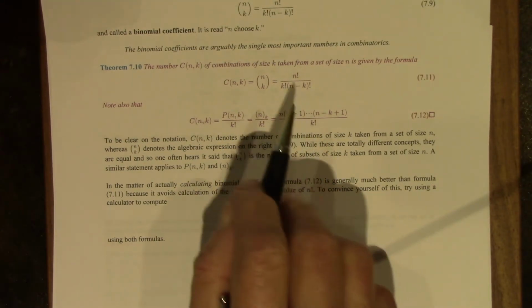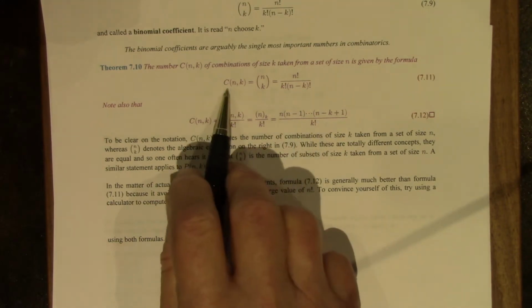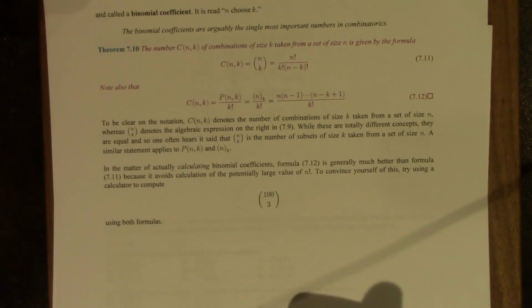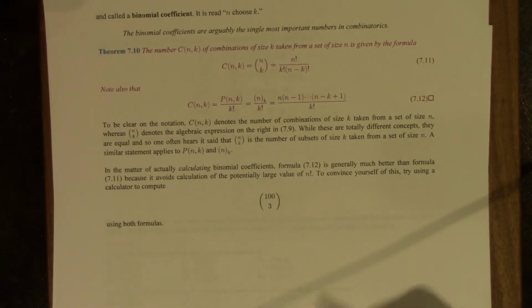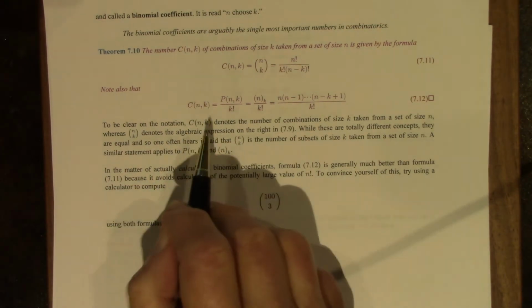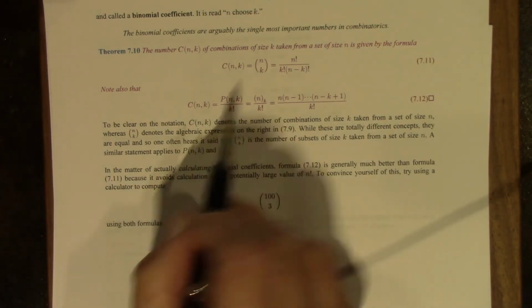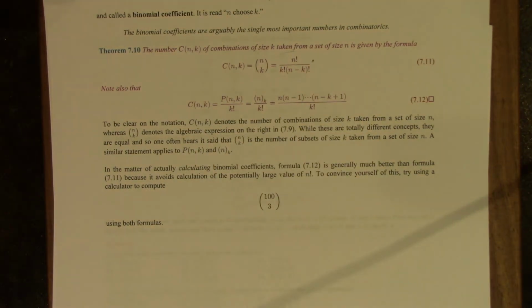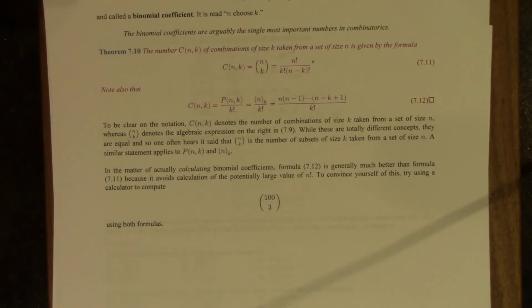Of course, they're equal for Cnk. Now, just to be clear on the notation, because this isn't always clear, at least in this book, Cnk does not denote this number, this formula. It denotes the number of combinations of size k taken from a set of size n.